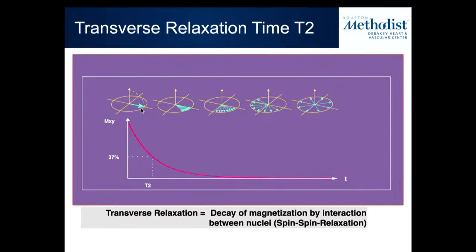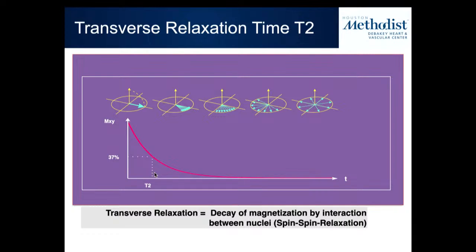So this is showing you again what happens when you apply a 90-degree pulse. Initially, all the protons are spinning around together, so you have a very high transverse signal because they're all aligned. And then over time, they start to get misaligned, and eventually they're all completely randomly distributed, completely separate from each other, and then your net vector becomes 0. So this is the rate of your T2 signal loss, or your T2 vector loss.